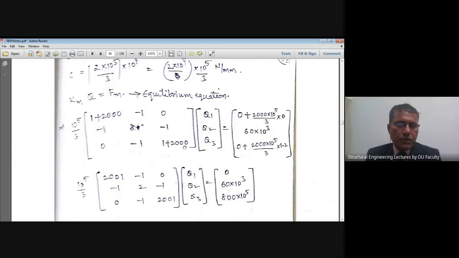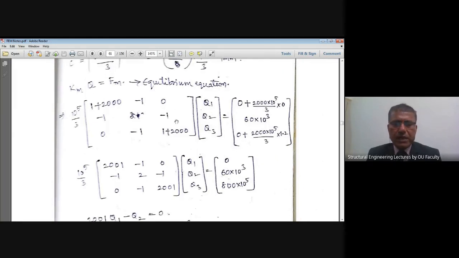Similarly, along the fourth degree of freedom also, that 20,000 is added. Therefore, K33 is 20,000 plus 1, 20,001. Similarly, K11 is equal to 20,001. The other coefficients are very small, minus 1, 0, minus 1, 0. Compared to 20,001, the 1, 1, 2 are very, very negligible. Or we can say that compared to that huge stiffness, this stiffness is very flexible.